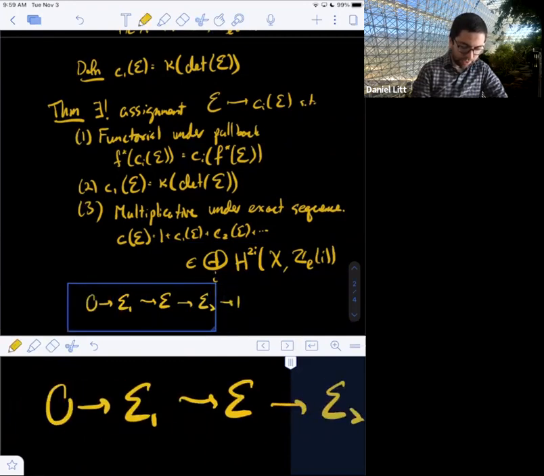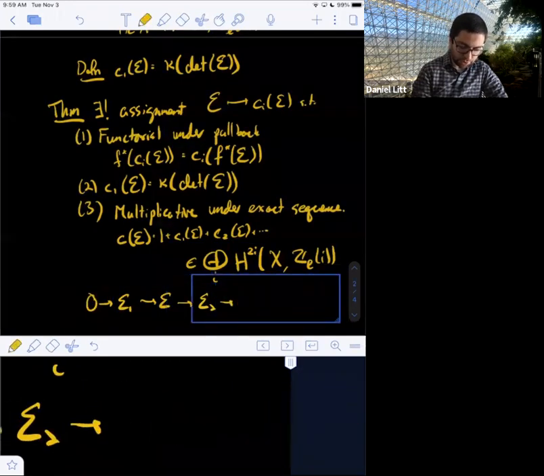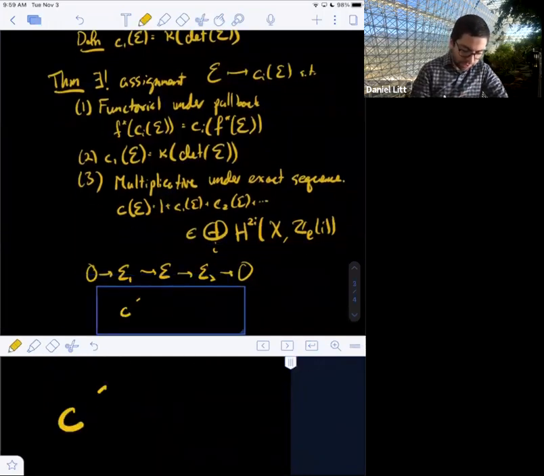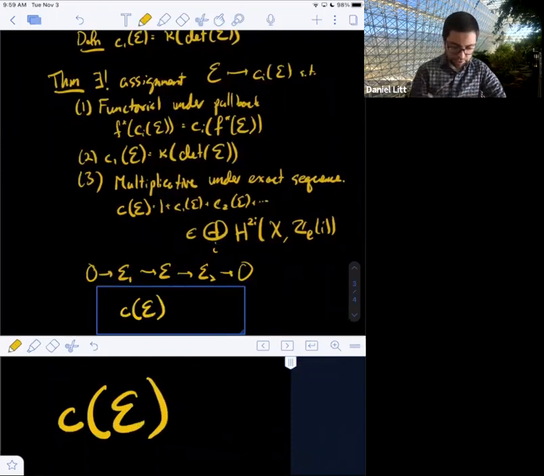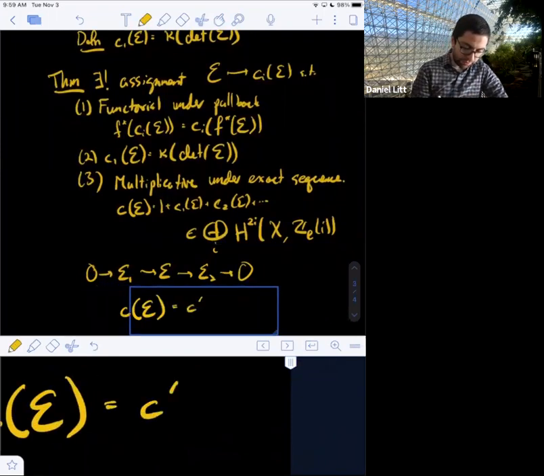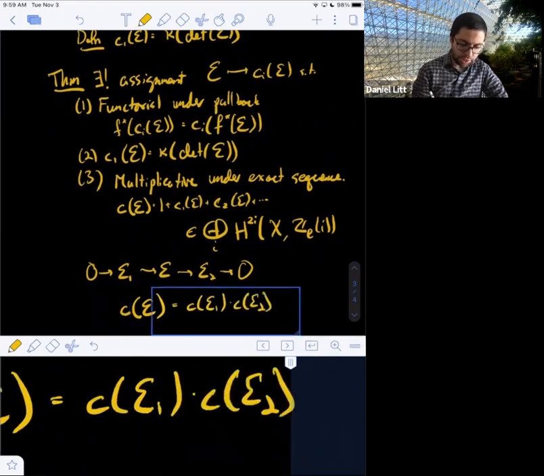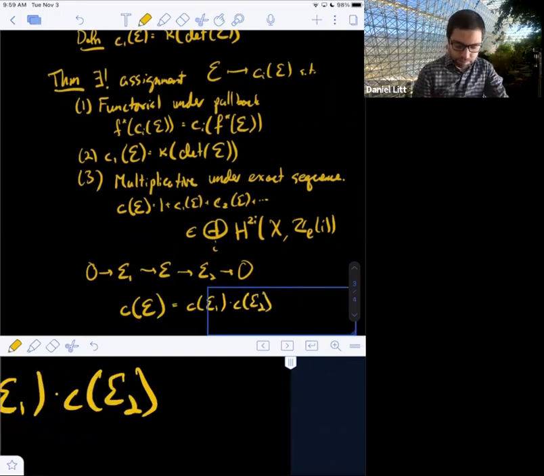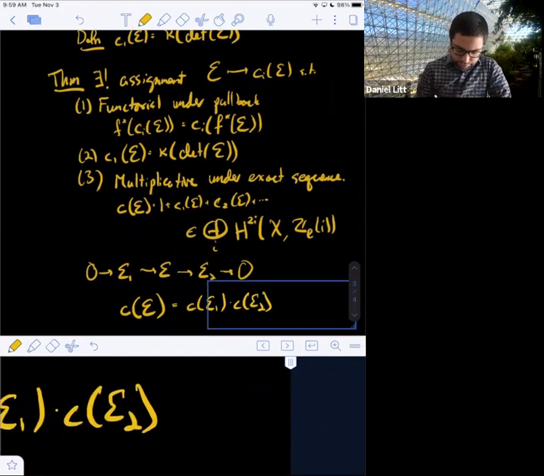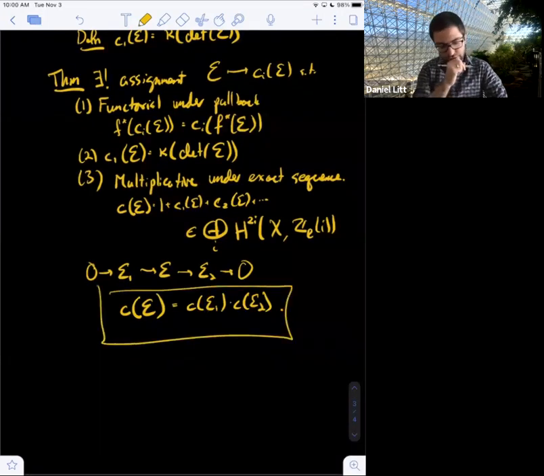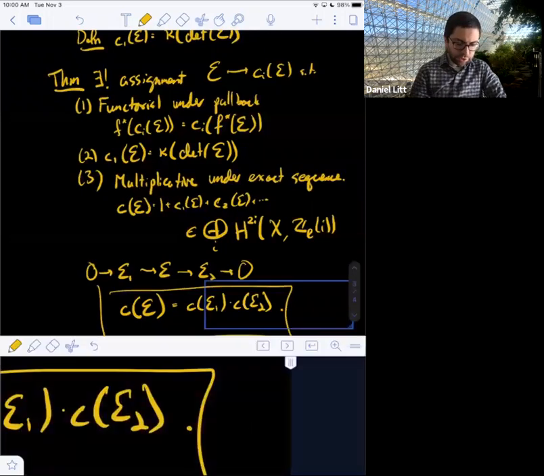I would say the identity section to a vector bundle should probably be denoted 0. Then we get that c of E, the so-called total Chern class of E, is given by c of E_1 times c of E_2, where this dot means the cup product. Okay, so these are the three defining conditions of the Chern classes. Are there any questions about this theorem?